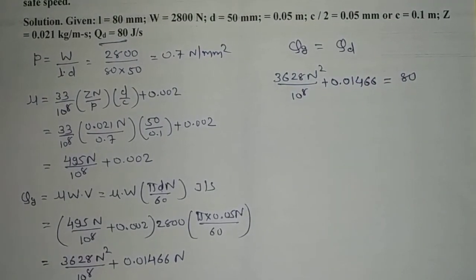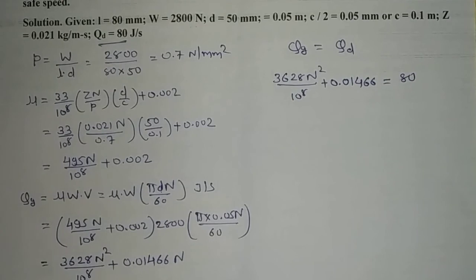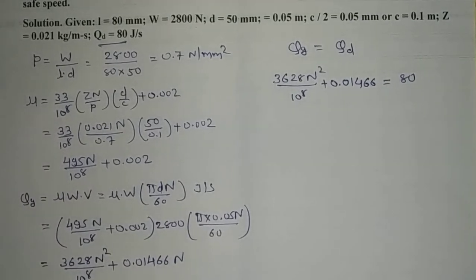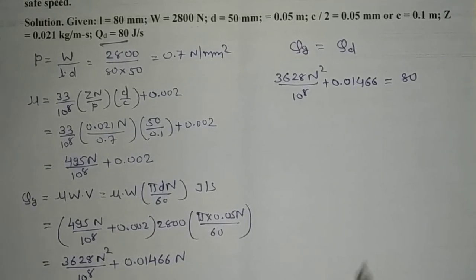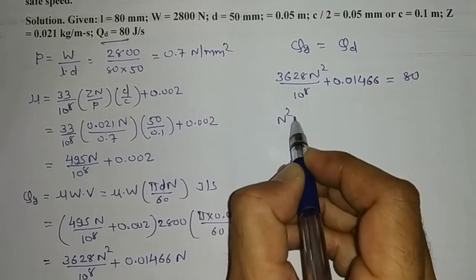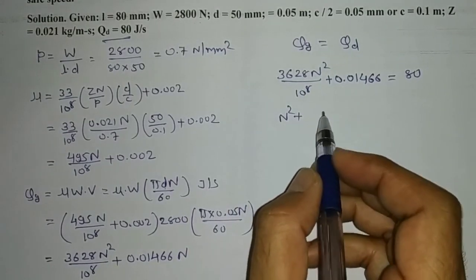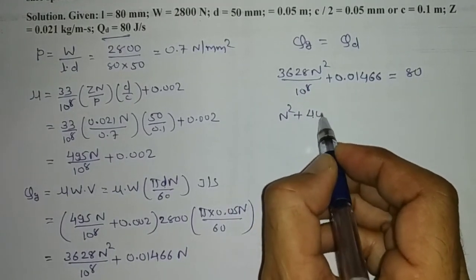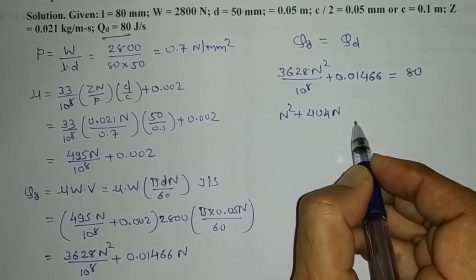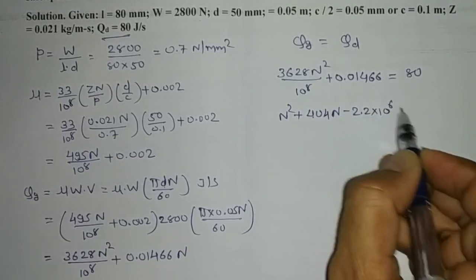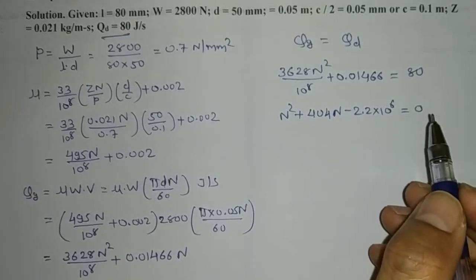Now solve this equation. By simplifying this equation, you will get the equation N square plus 404 N minus 2.2 into 10 raised to 6 is equal to 0.